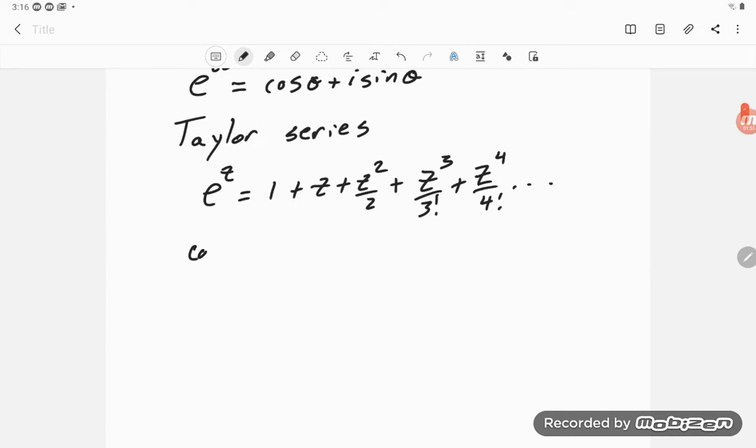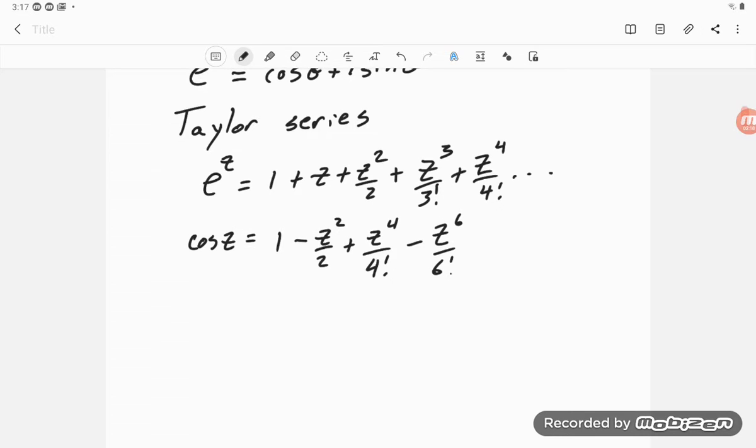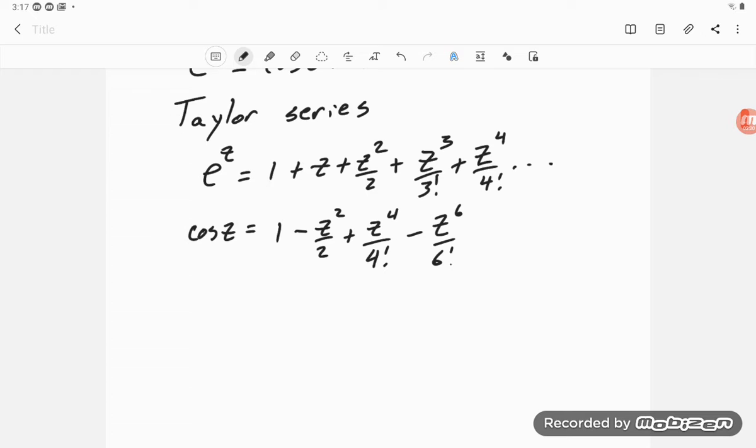Cosine of z is 1 minus z squared over 2 factorial plus z to the 4th over 4 factorial minus z to the 6th over 6 factorial. I'm using a z, but I could use an x or whatever; I thought I'd use a z because we'll look at this i theta thing.